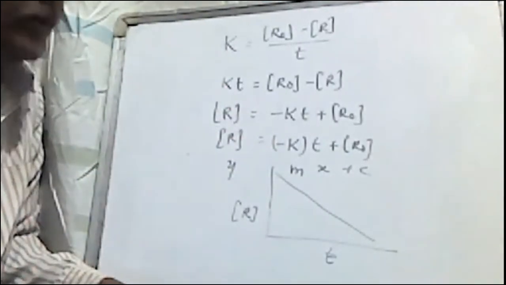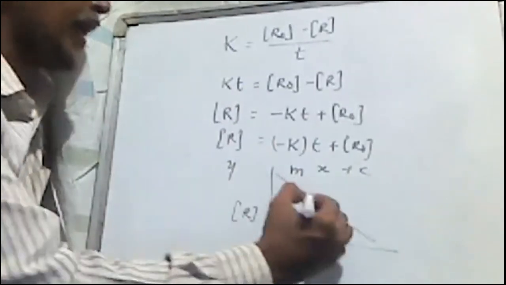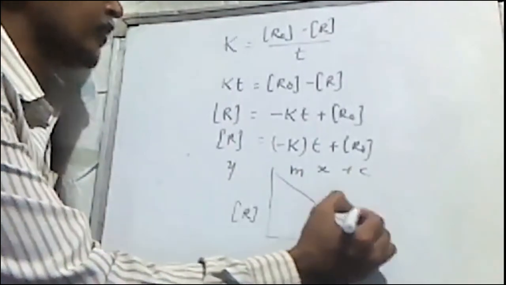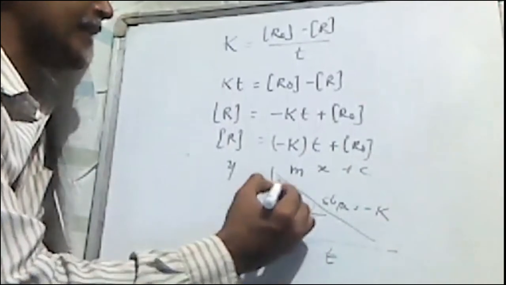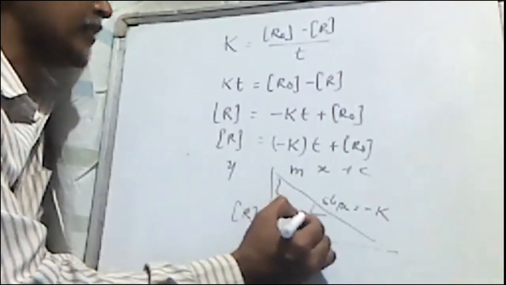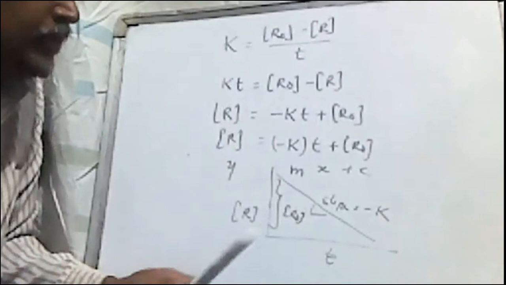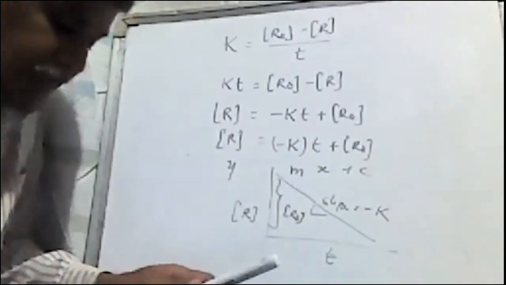The slope corresponds to minus k, and the intercept gives the initial concentration of reactants.